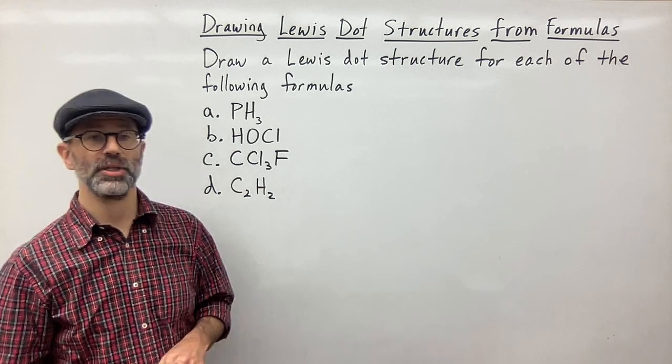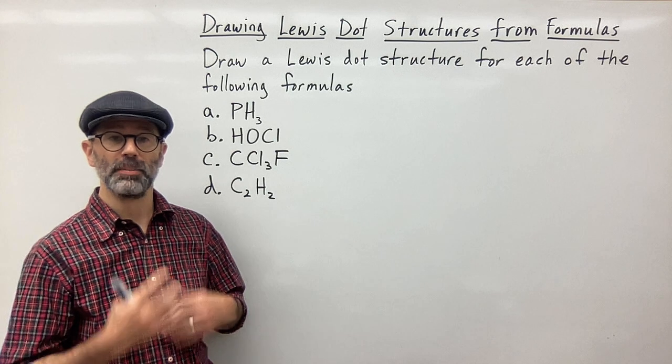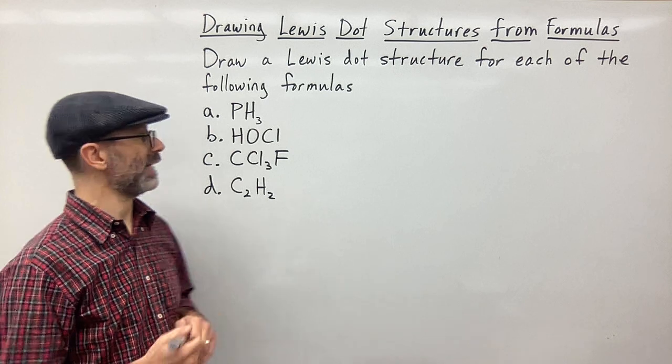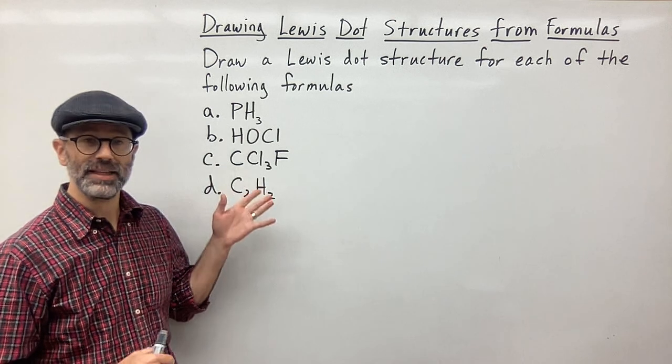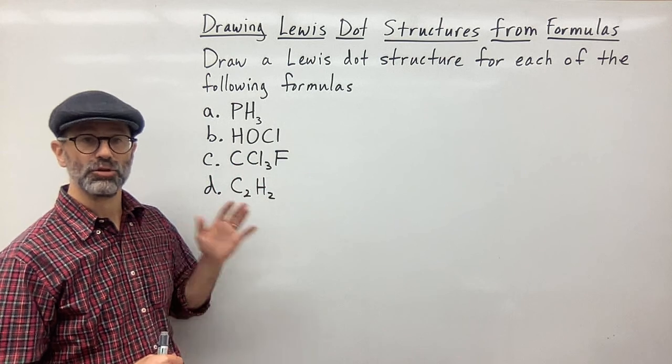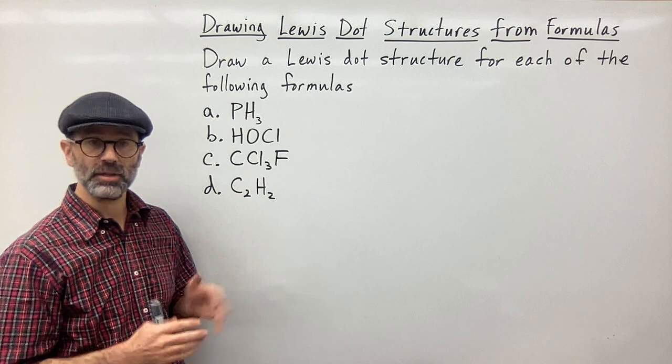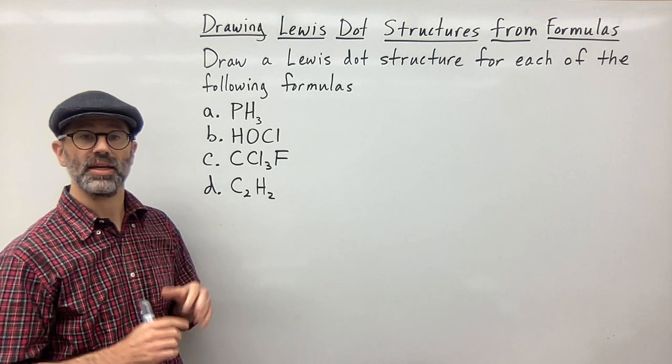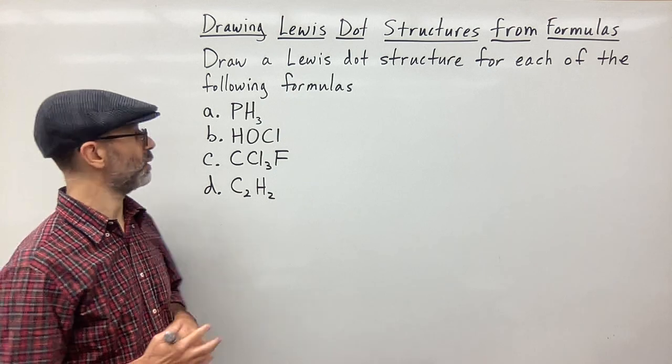So the first step is to add up all of the valence electrons for all the atoms. You're going to get the valence electrons from the periodic table from their group number, because the A group number is equal to the number of valence electrons for each element.